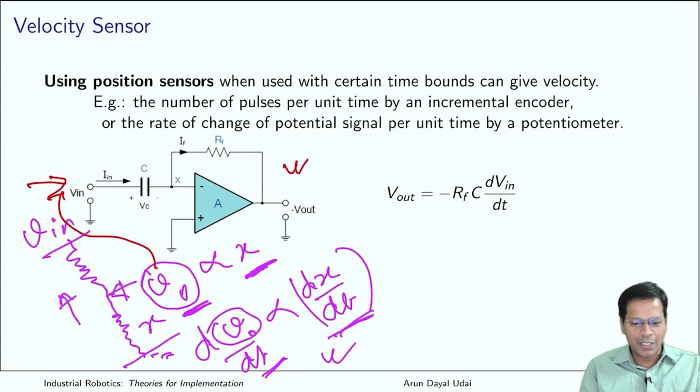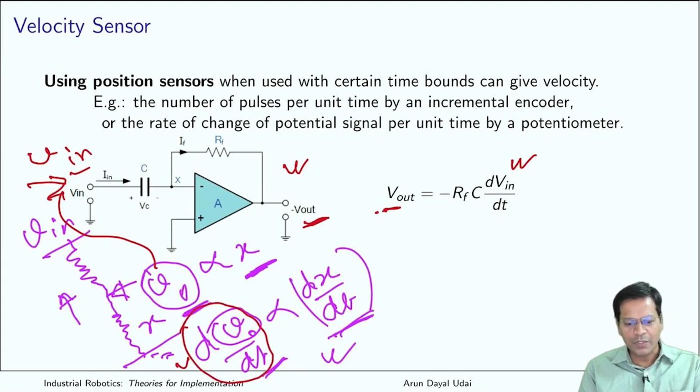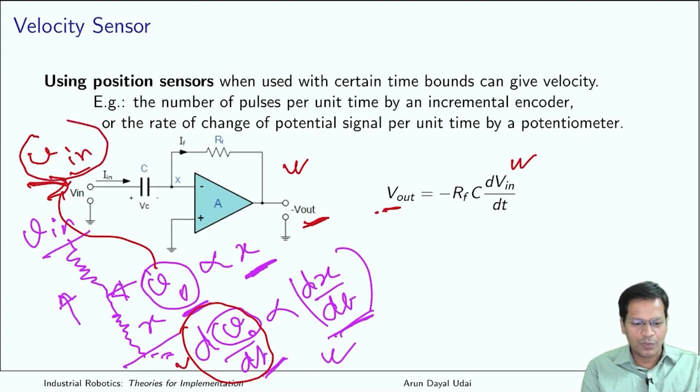The output from this differentiator is proportional to whatever comes to the input. So you can directly get the rate of change of whatever is coming over here.